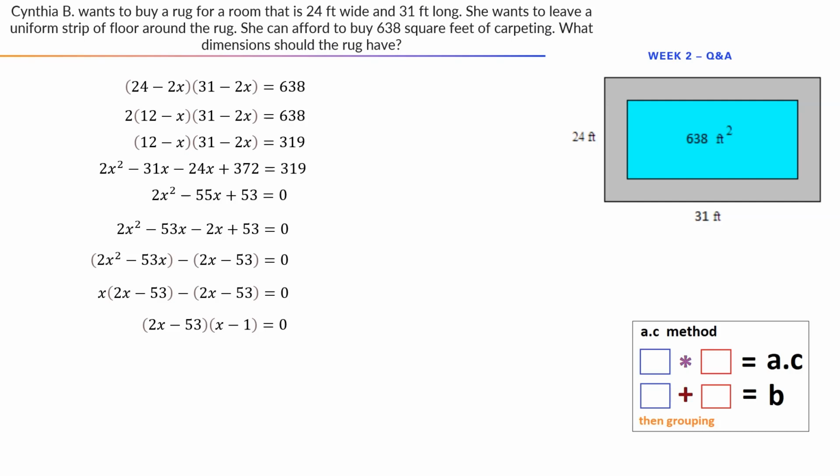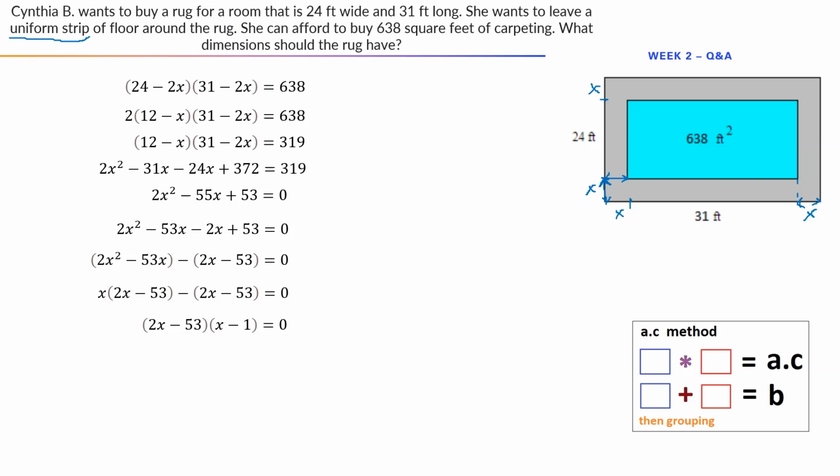So we see that 24 feet right here, so we call this one X, and uniform is a uniform strip, right? So from here to here has to be X, from here to here has to be X as well. So here is X, here is X.